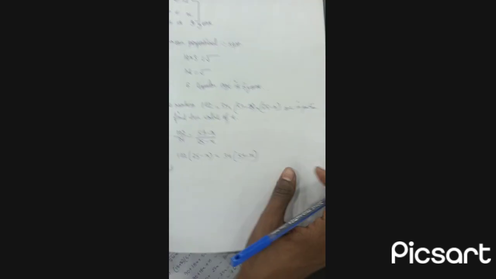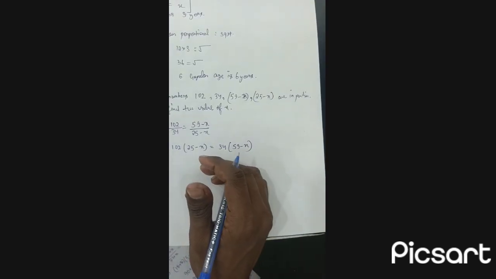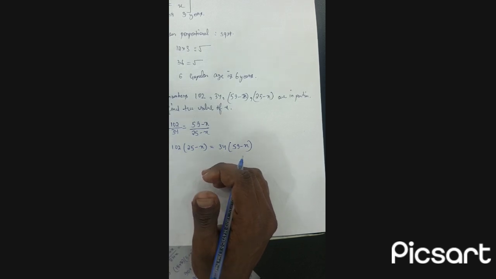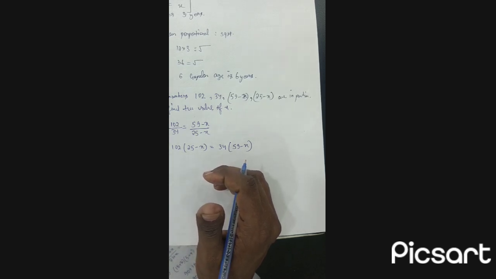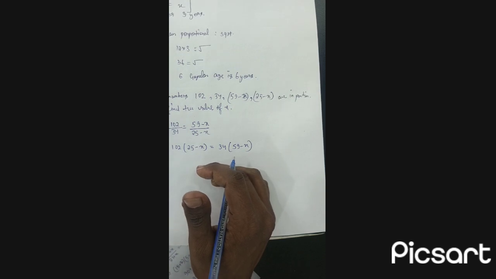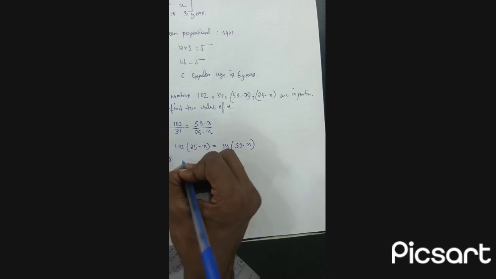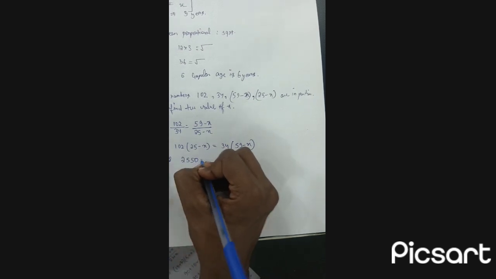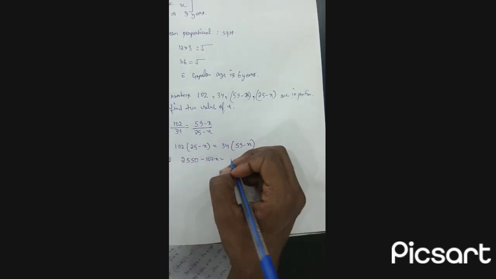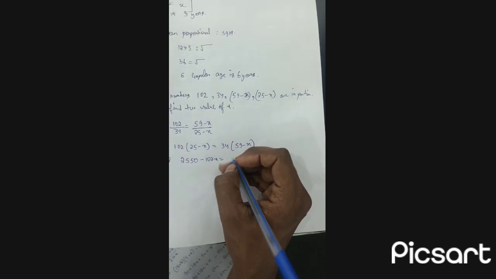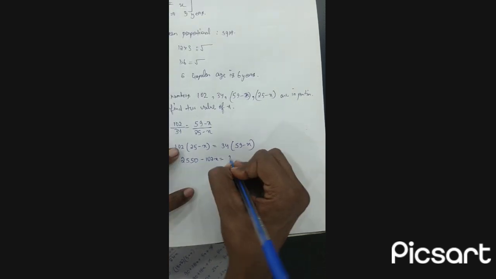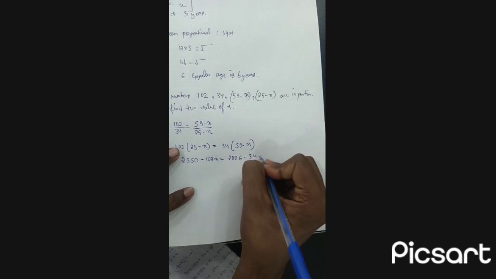Now we just have to solve this simple equation: 102 into 25 is 2550 minus 102x, equals 34 into 59, that is 2006 minus 34x.